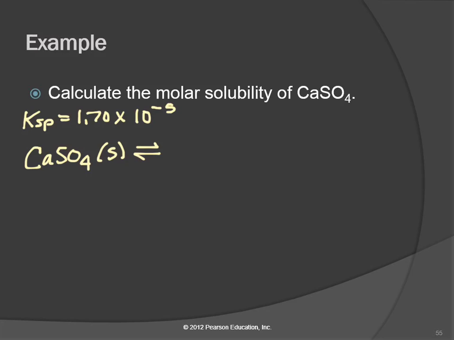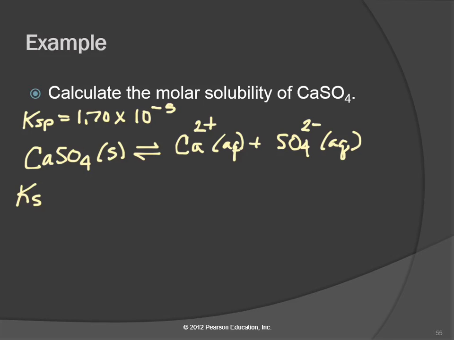And that will be in equilibrium with its 2 ions. What's the charge on calcium ion? 2 plus. We know that because calcium is in group 2 in the periodic table. And we should remember that sulfate is minus 2, but if we don't, we could figure it out from the calcium. So there's our chemical equation.